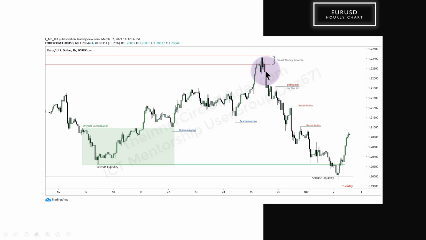The market sells off. We have another level of distribution, which is the bearish order block in here. I covered all this. Then we have another level of distribution in here, or redistribution. Another level of redistribution, and finally sends it lower below the original consolidation and into the sell side liquidity that rests at the mean threshold on that daily bearish candle, which is a bullish order block.